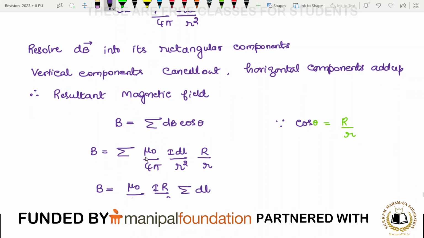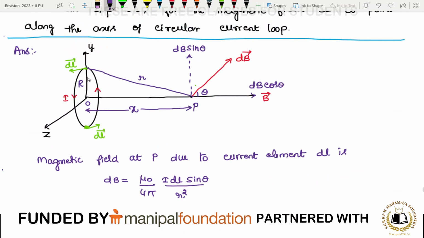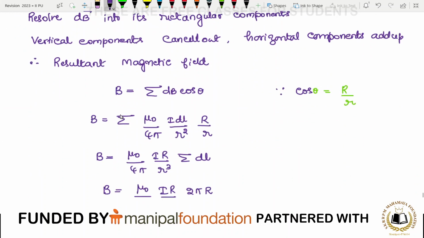So what is the value of dB? Mu naught by 4 pi, I dl by r square. What is the cos value? From this diagram, cos theta is capital R divided by small r, adjacent side divided by the hypotenuse. So substitute the values here. Sigma applies only to dl.